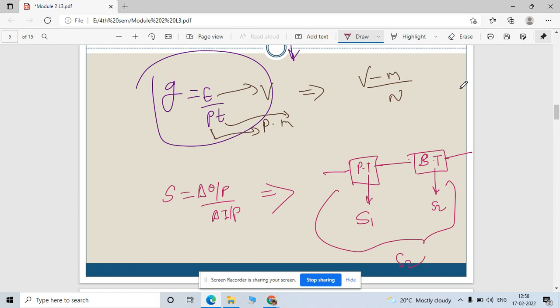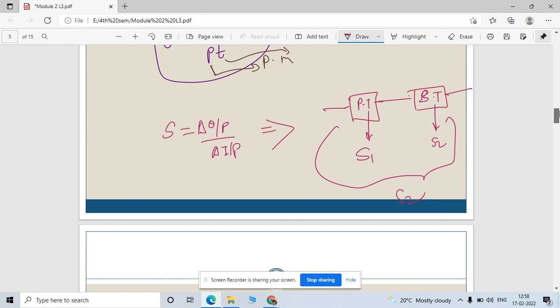If I talk about the LVDT transducer, there you need to measure the distance, and the input is a voltage for the excitation. These depend on your structure, meaning what type of operation you are going to do, right?